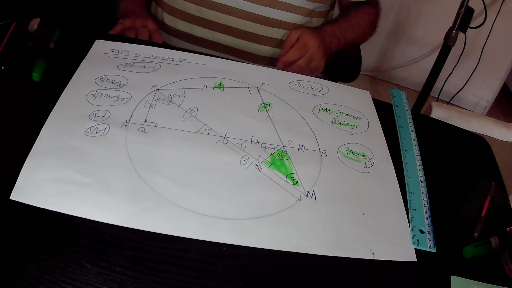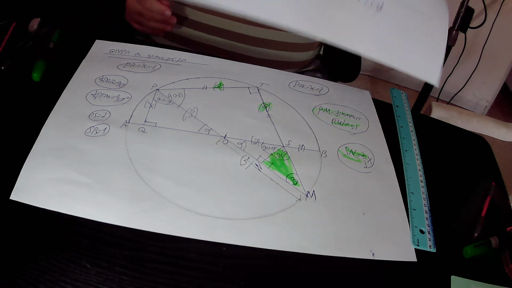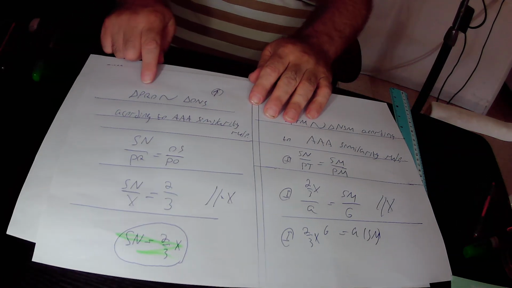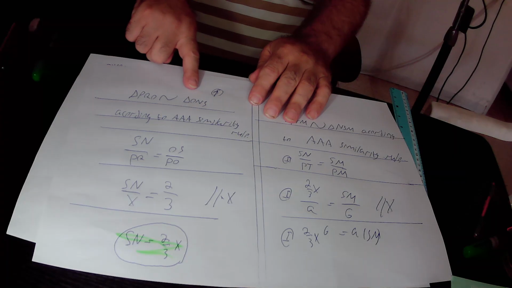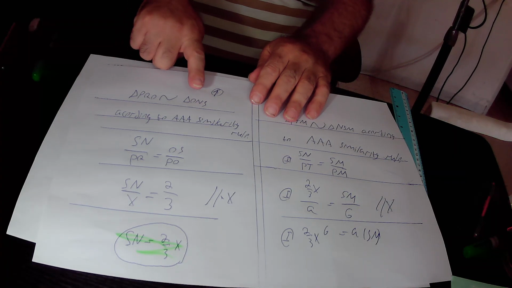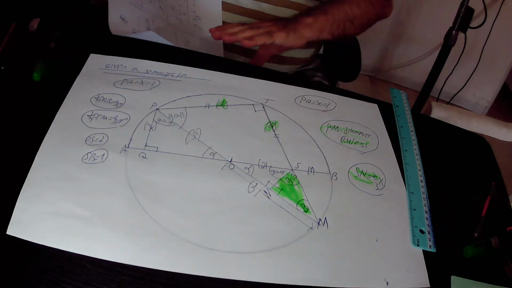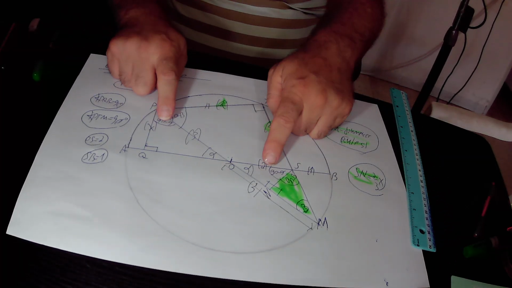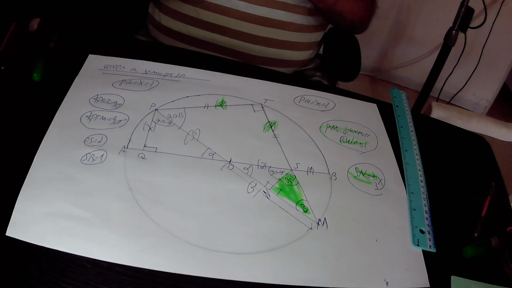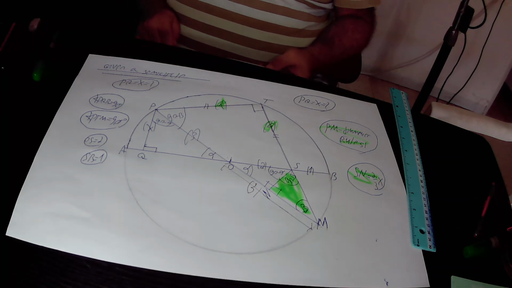So again, we find that the right upper triangle PQO is similar to the right lower triangle ONS according to the angle similarity rule. And from the fact that those two right triangles are similar to each other, we derive that the following relationship exists between their sides.